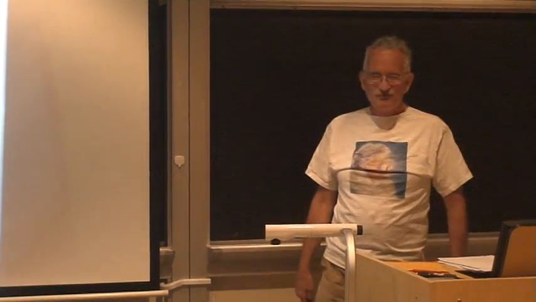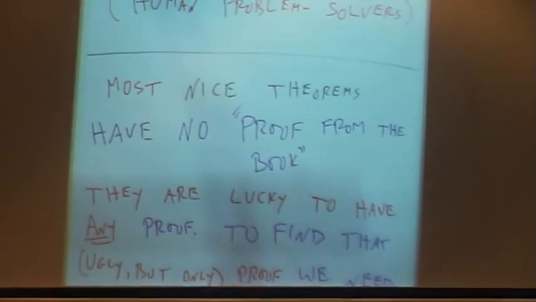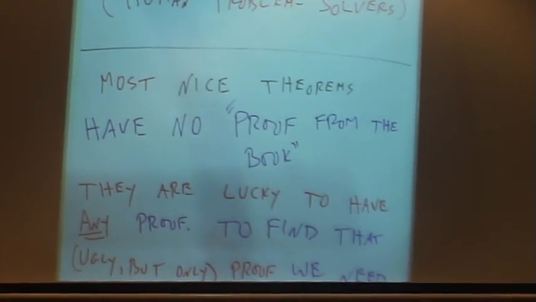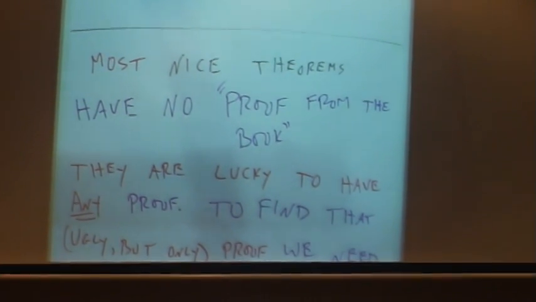Unfortunately, it was probably wrong. I'm almost sure that the four-color theorem and possibly Fermat's theorem and possibly the Poincare conjecture do not have proofs from the book. Most nice theorems have no proof from the book. And Kurt Gödel even proved it formally.